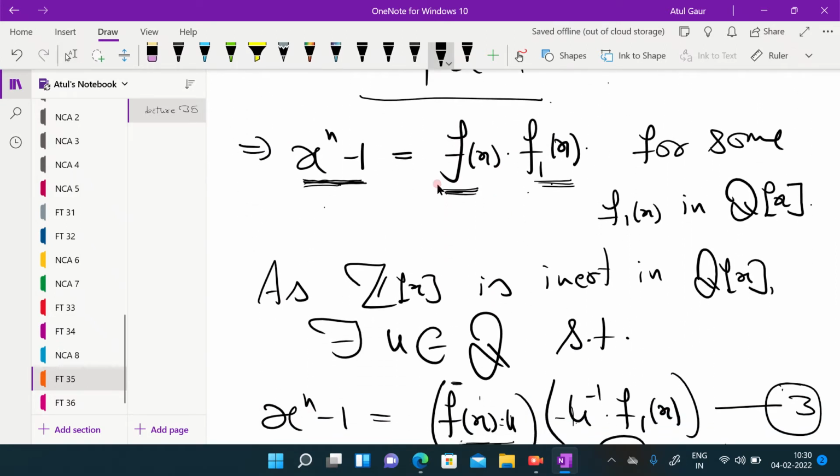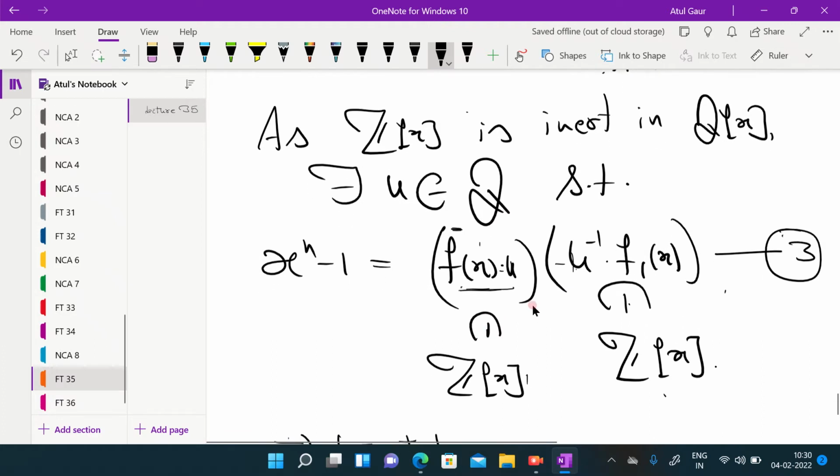Like here, look at this. x^n minus 1 is f(x) into f1(x) for some f1. That means f(x) divides x^n minus 1 in Q. Then because it is inert in Q, you must have some unit, and this u will be plus minus 1.